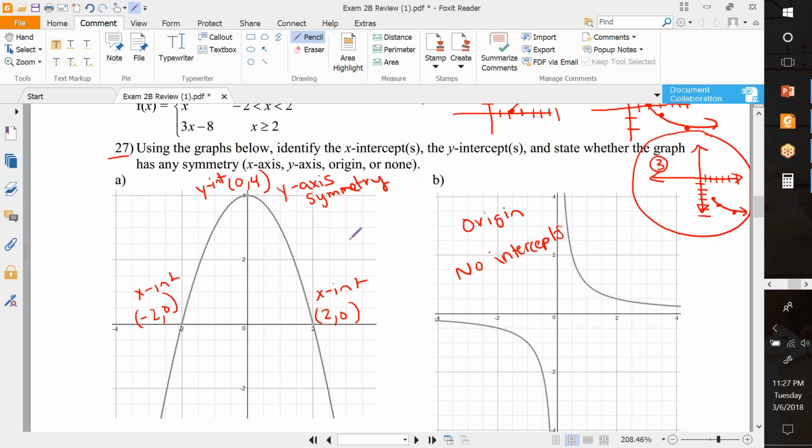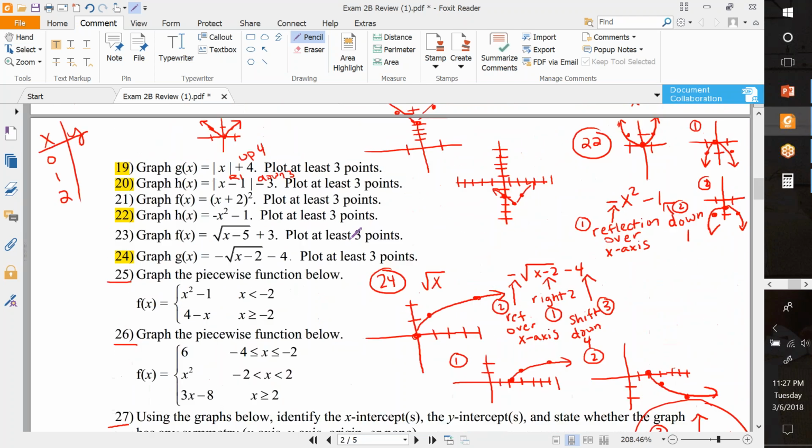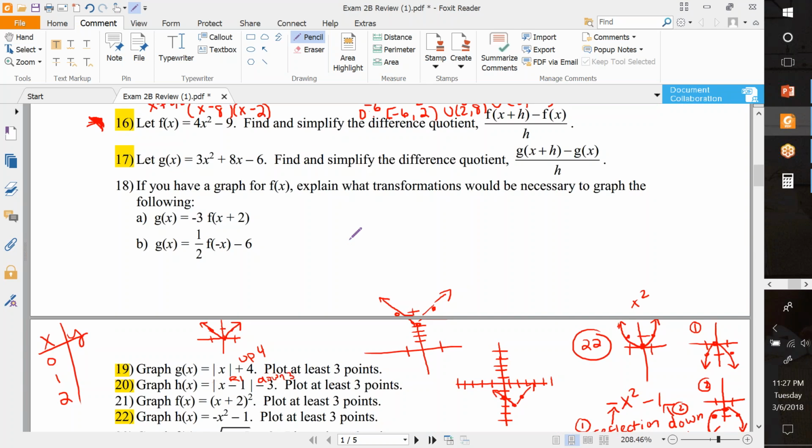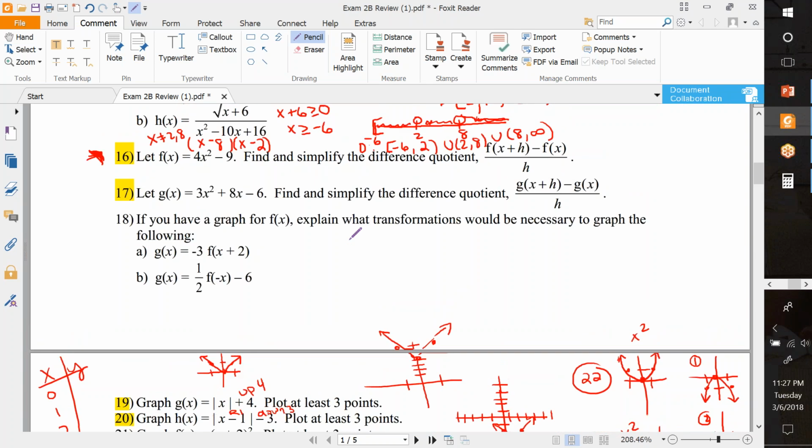Okay, so let me pull back up to 18 real quick. And okay, this is that description where you have to write the description of the transformation only. So notice there is a negative inside the function. That means we have a reflection over the y-axis, or across the y-axis, if you want to think of it that way. You have a 1/2 in front of the function.